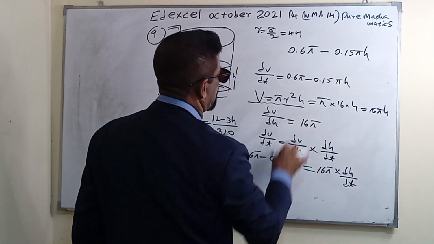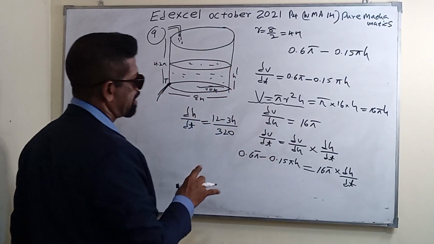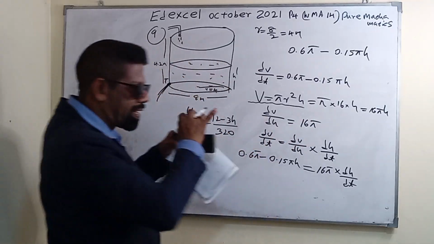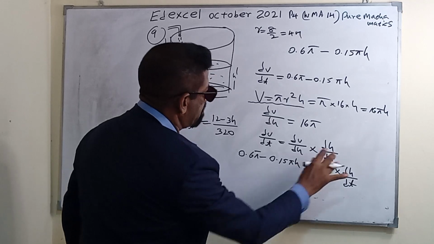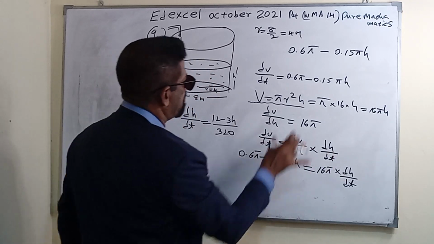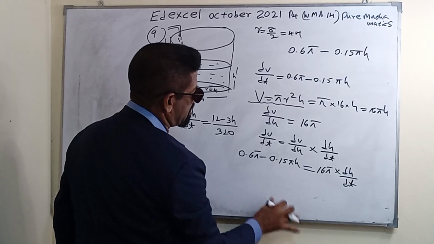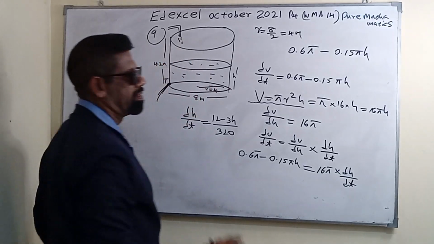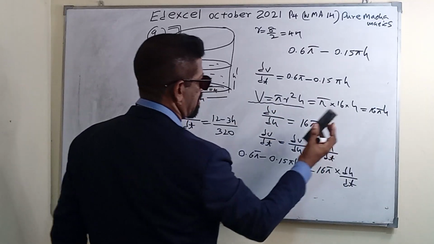So dV/dh equals 16 pi. Then by the chain rule, dV/dt equals dV/dh times dh/dt. So dV/dt equals 0.65 minus 0.15h, and 16 pi dh/dt. That's the method.